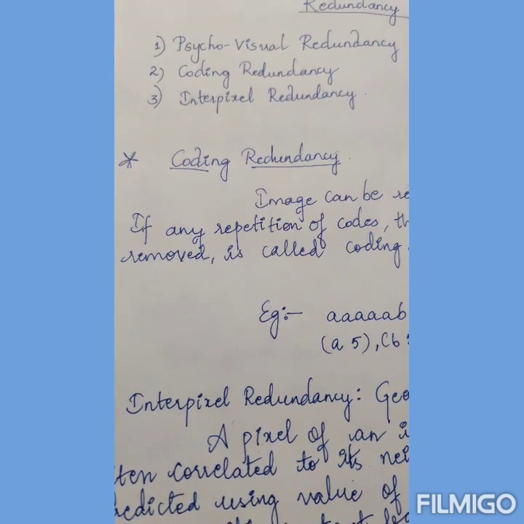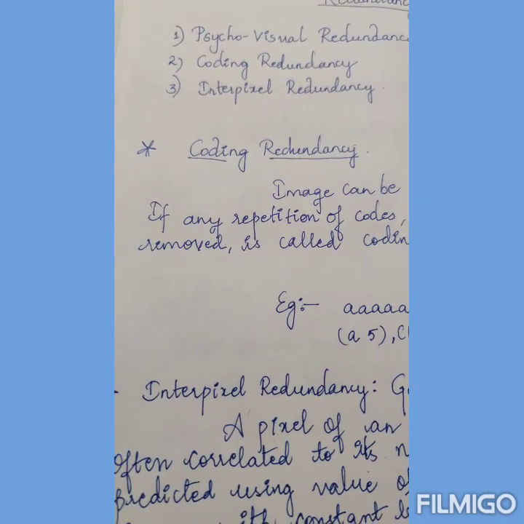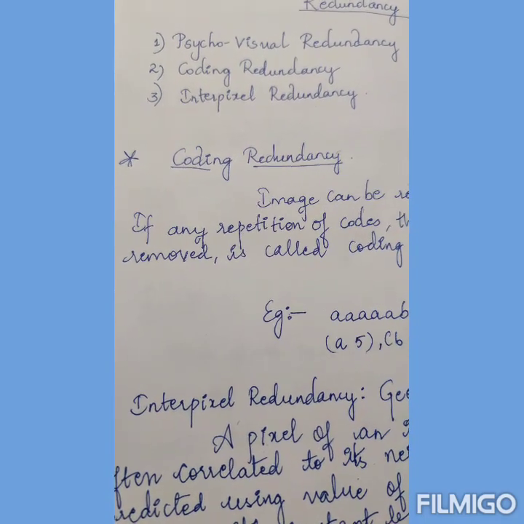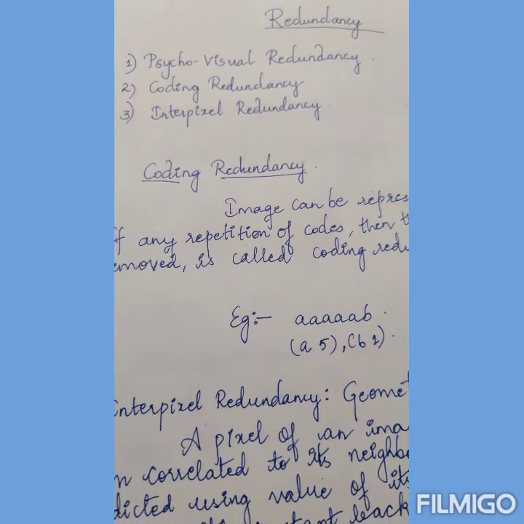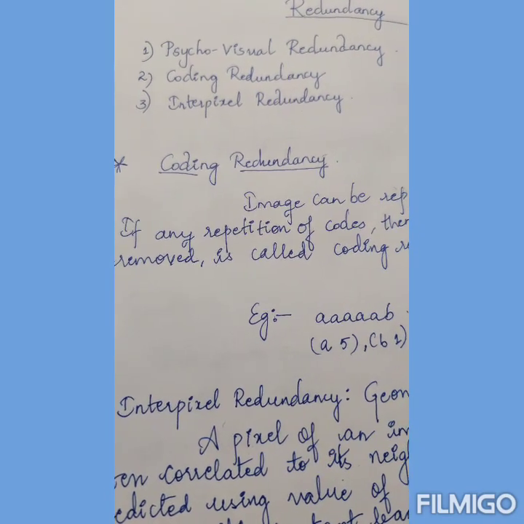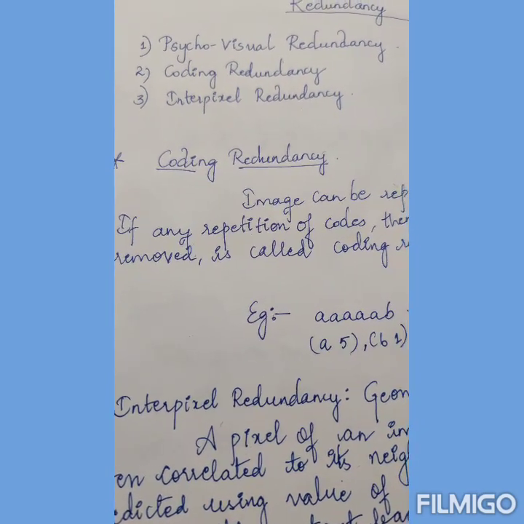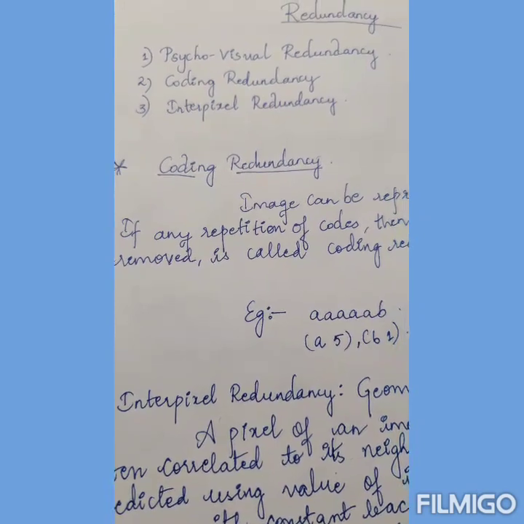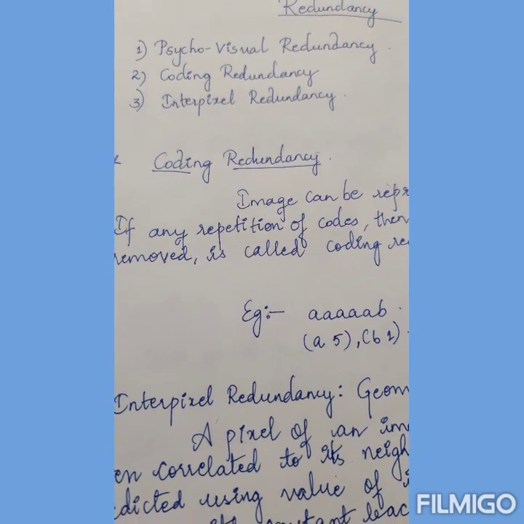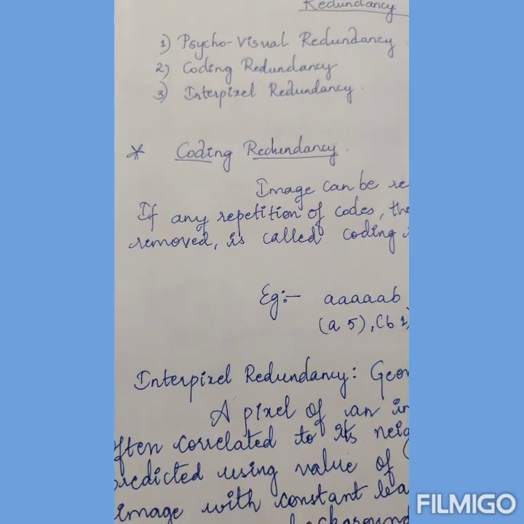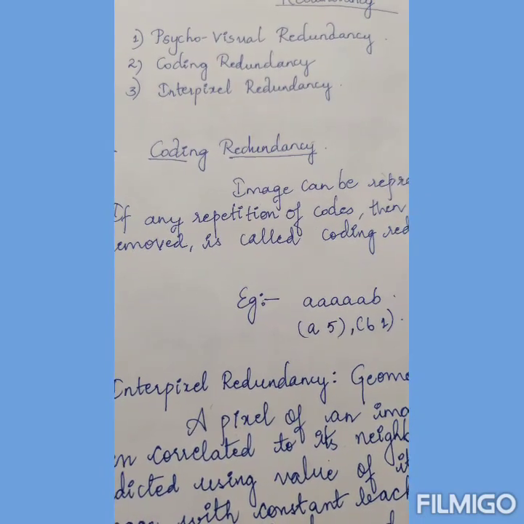So mostly we will be discussing the different algorithms for coding redundancy and interpixel redundancy in the next lectures. If you have any doubts, you can ask me. Okay, thank you.